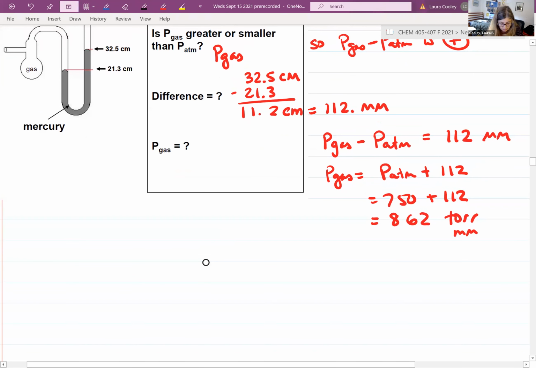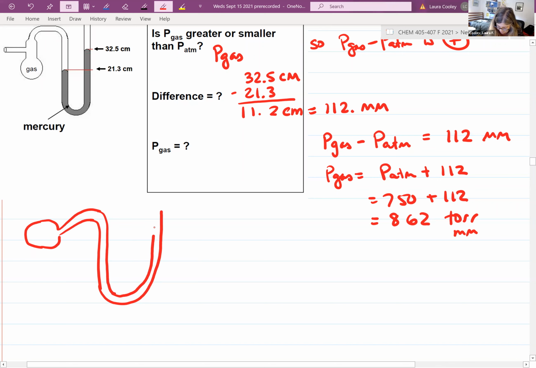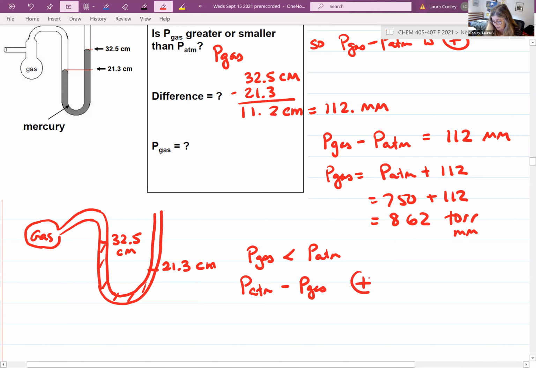Now, what if we had the opposite situation? Here's your gas, and let's flip the numbers: this is 32.5 centimeters and this is 21.3 centimeters. Now P gas is less than P atmosphere, so P atmosphere minus P gas is what's positive.